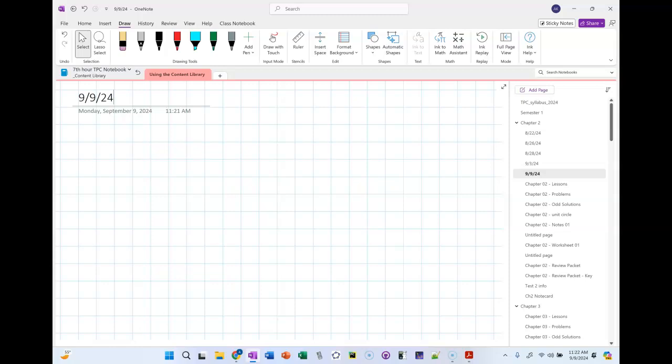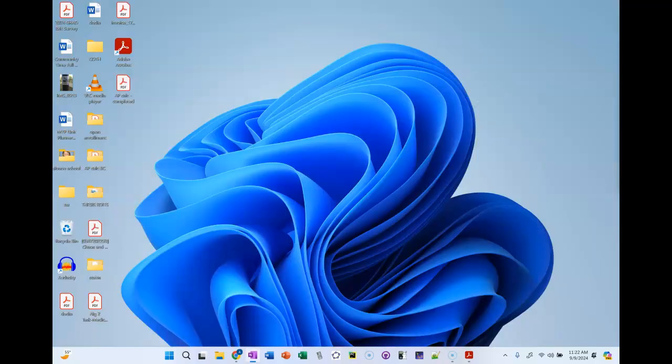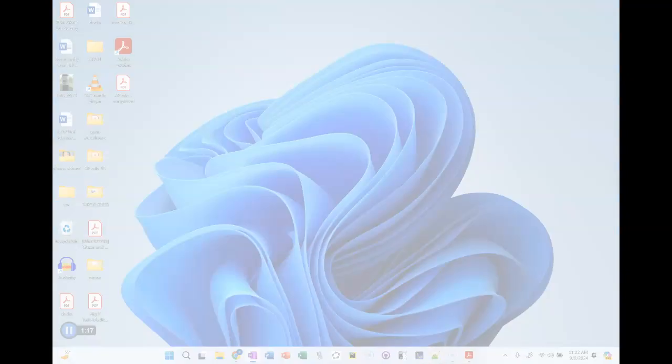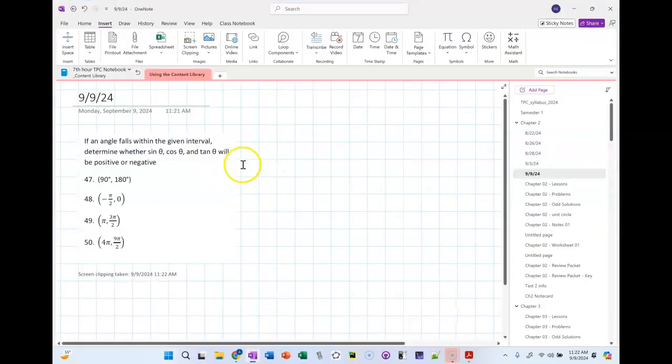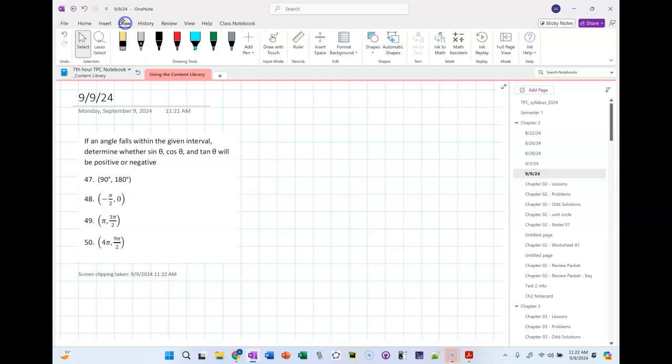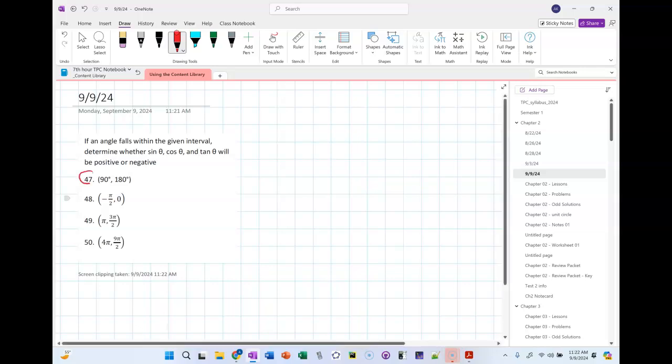Tommy, 47. It says, if an angle falls within the given interval, determine whether sine, cosine, or tangent will be positive or negative.